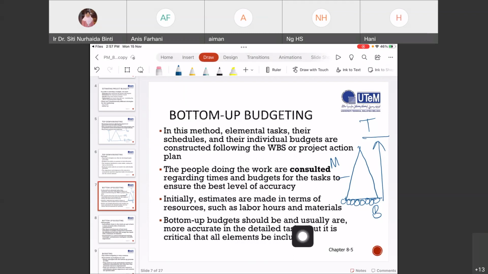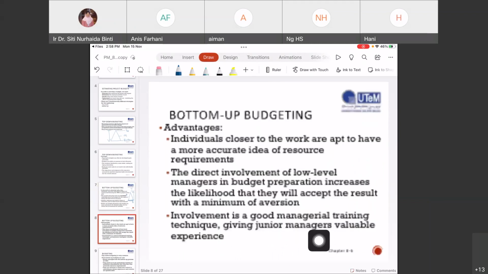Bottom-up budgets should be and usually are more accurate in the detailed tasks, but it is critical that all elements are included. So this is the philosophy of bottom-up budgeting. They want to include everything as much as possible so that nothing is overlooked when they're doing the budget.